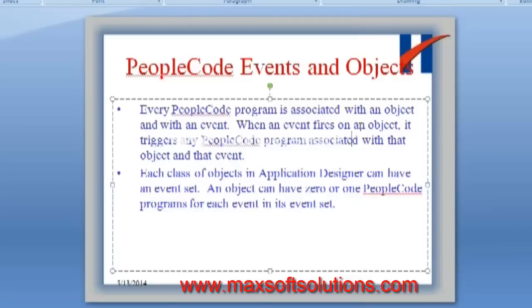When an event fires on an object, it triggers any PeopleCode program associated with that object and event. Each class of objects in Application Designer can have an event set. That means the record can have some different event sets, the page can have different event sets, like an object can have 0 to 1.